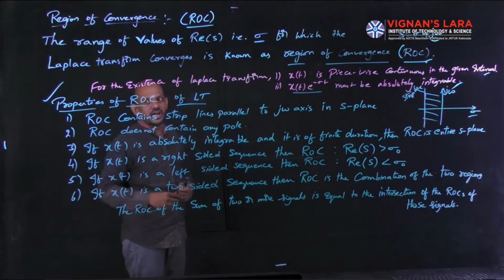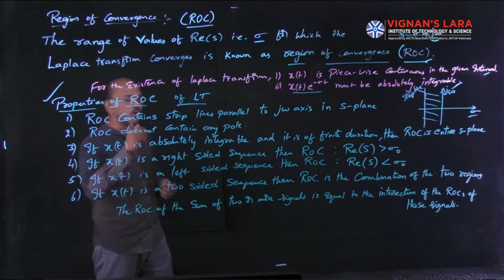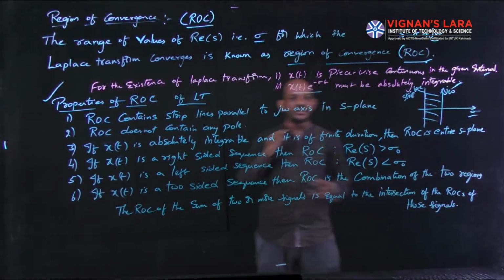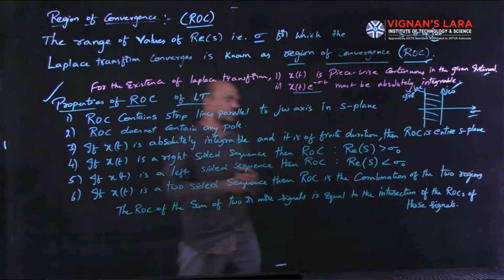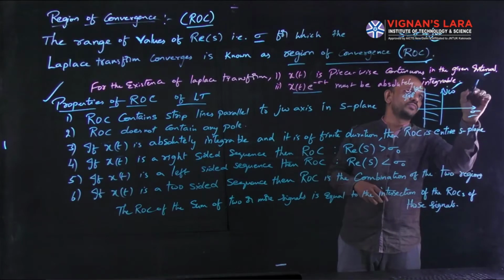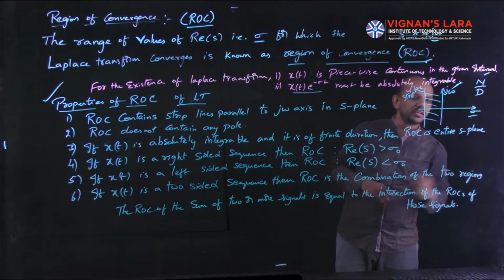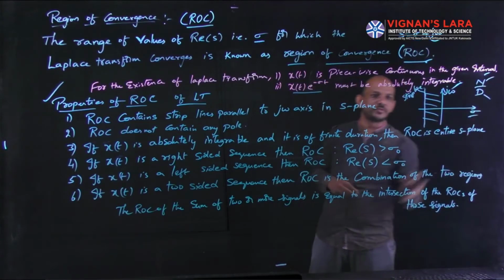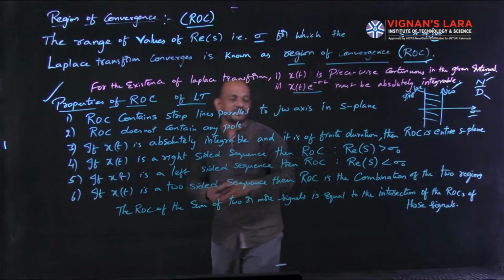And the next point, ROC does not contain any pole. Generally, an equation consists of numerator and denominator, so we all know that. The numerator will give zeros, and if we equate the denominator to 0, then we get the poles.